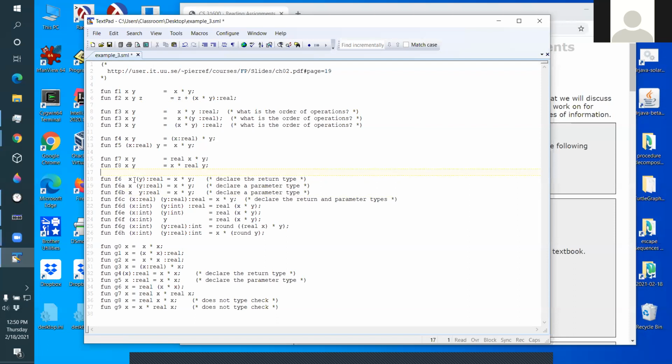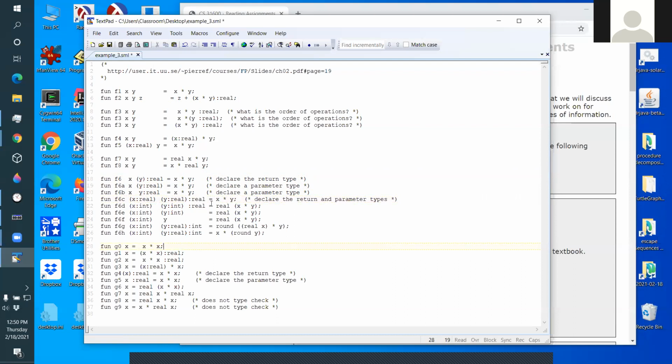All right. So now I could specify the return type of the function, the type of that parameter, or the type of that parameter. Oh, here I declare everything. The type of that parameter is real, the type of that parameter is real, and the return type of the function is real. Okay.